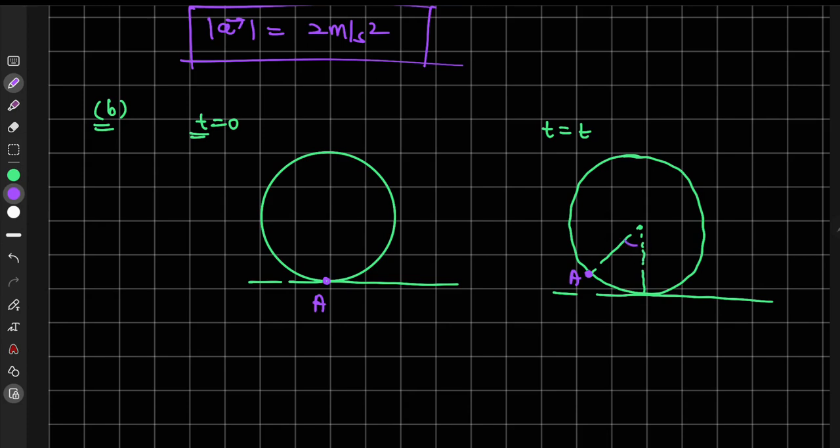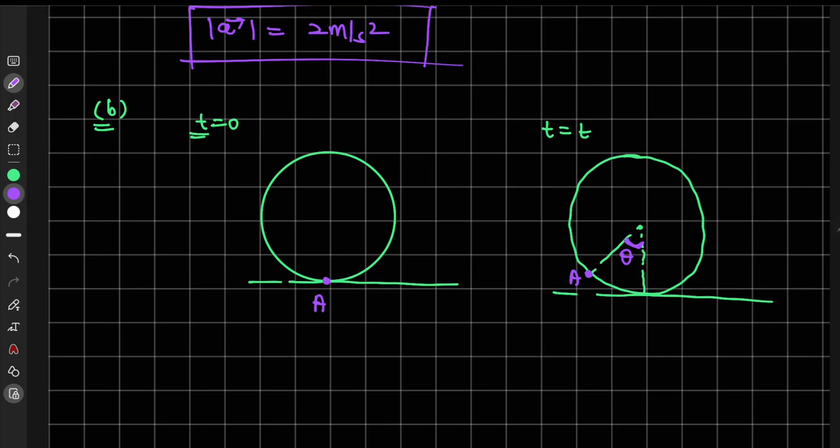Now we have to determine the distance traversed by this point A in a single rotation, because it is saying that when A is again touching the surface. So in one rotation A will again come to this particular point, and these are the two successive time instants in which the point A is touching the surface.